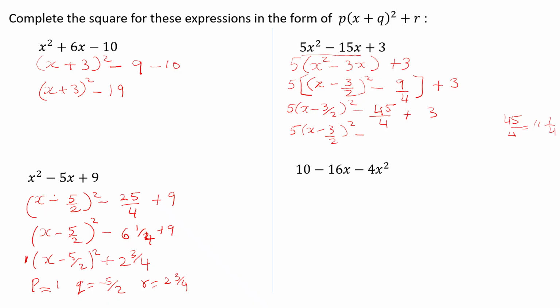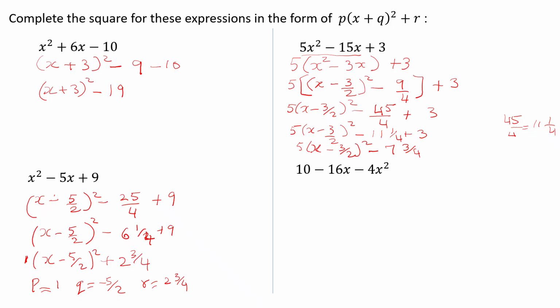So negative 11 and a quarter plus 3, so 5 times x minus 3 over 2 squared minus 7 and 3 quarters. 11 take away 3, 8, and take away a quarter, which is 3 quarters.